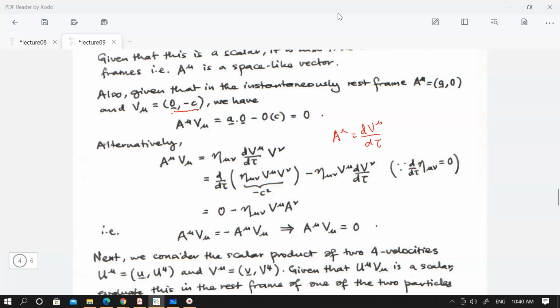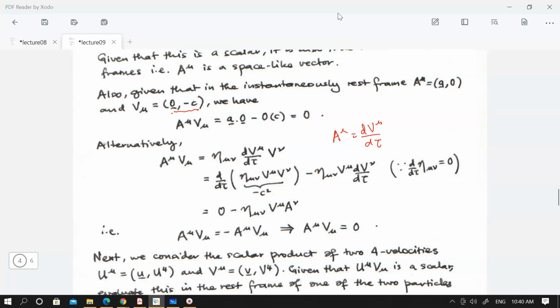And then this one, as you have seen earlier, I can replace by the total derivative, but I have to subtract the other derivative.